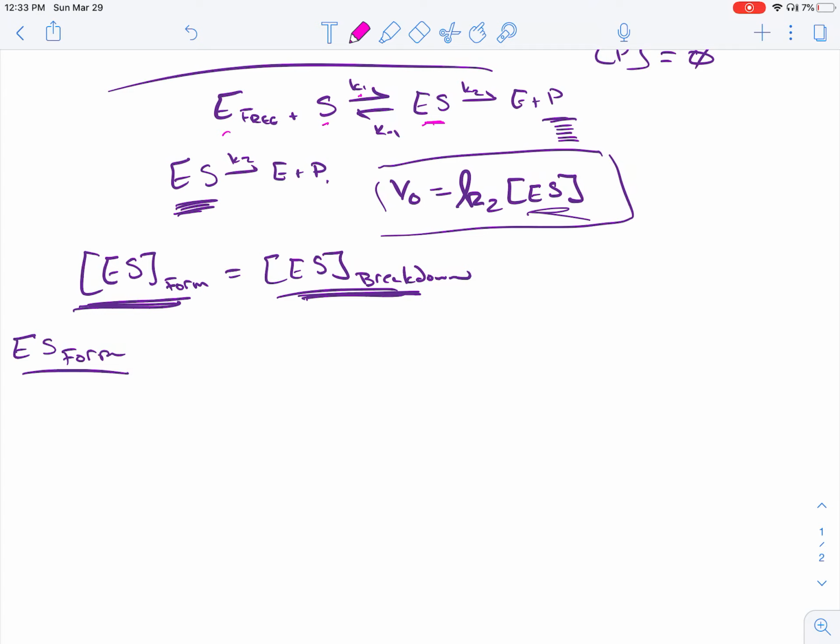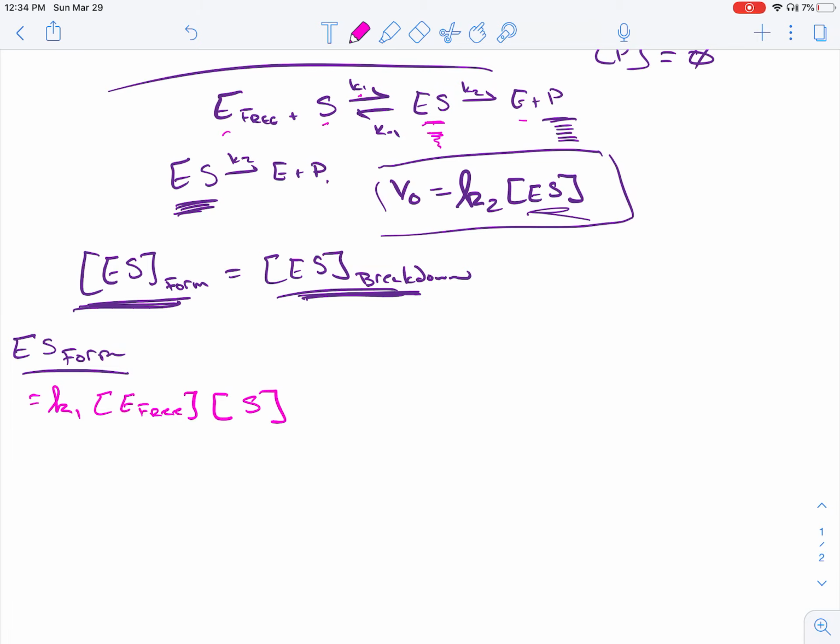So formation would be equal to K1 times E free times S, right? There's no other way to form the enzyme substrate complex because we aren't looking at the reverse reaction coming from enzyme plus product.